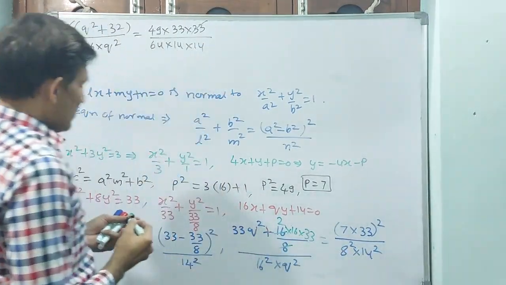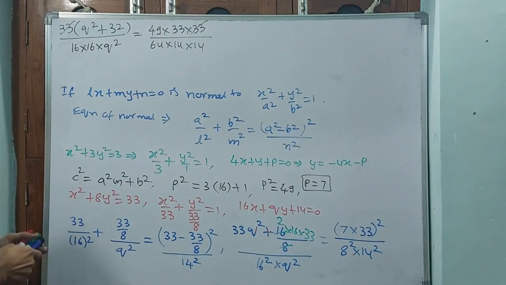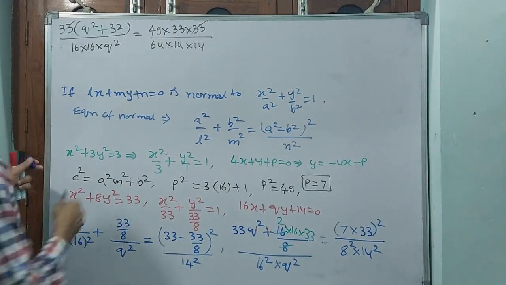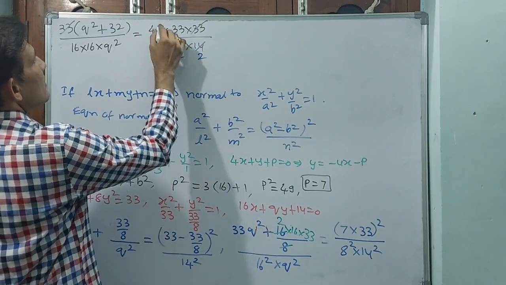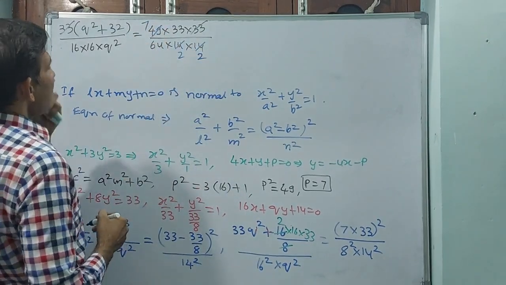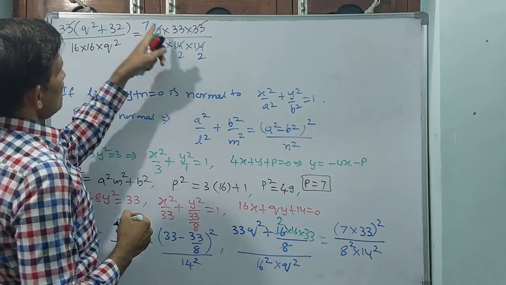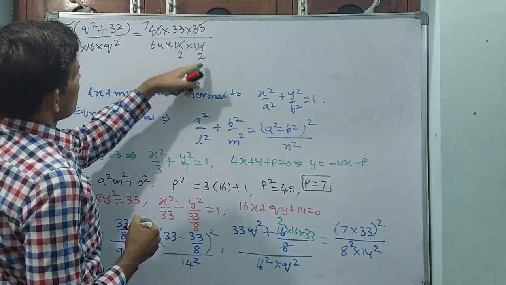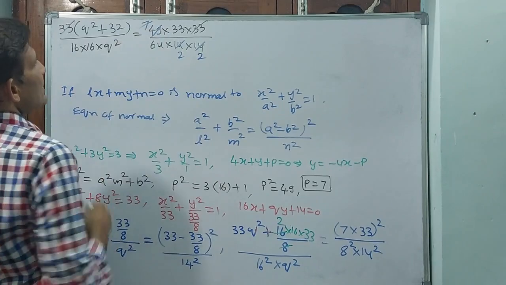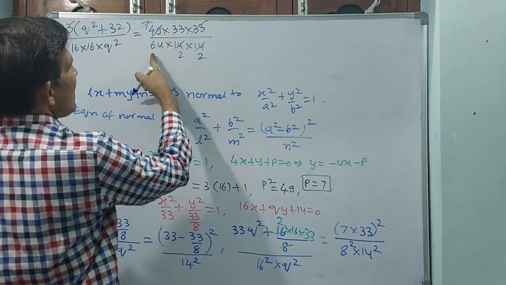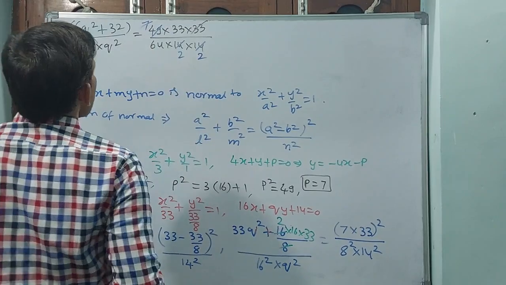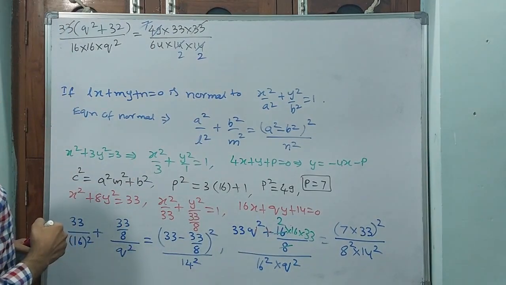Now we see what else we can do. 7 twos, 7 sevens, again 7 twos. This has gone. Now only 4 is there. Okay, 33 by 64 into 4. 11, 3. 3, no, will not go.